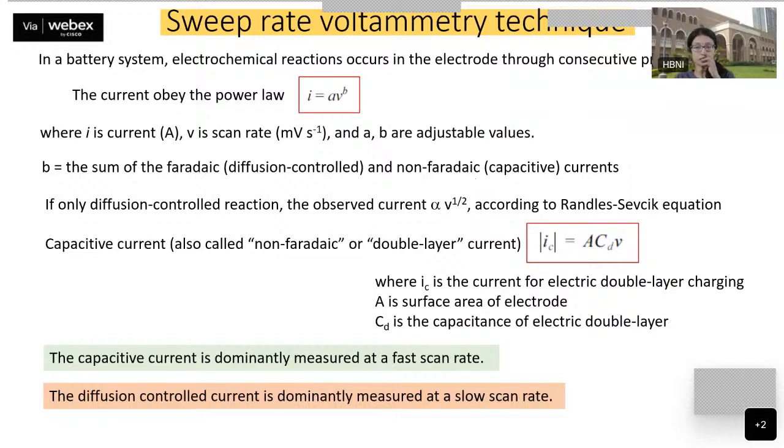So it is basically the square root of your scan rate. And this follows the Randles-Sevcik equation. And capacitive current, which is also known as non-Faraday or double layer current, is directly proportional to the scan rate. So the capacitive current, you have to remember, is dominantly measured at a fast scan rate, whereas the diffusion controlled current is dominantly measured at a slow scan rate.